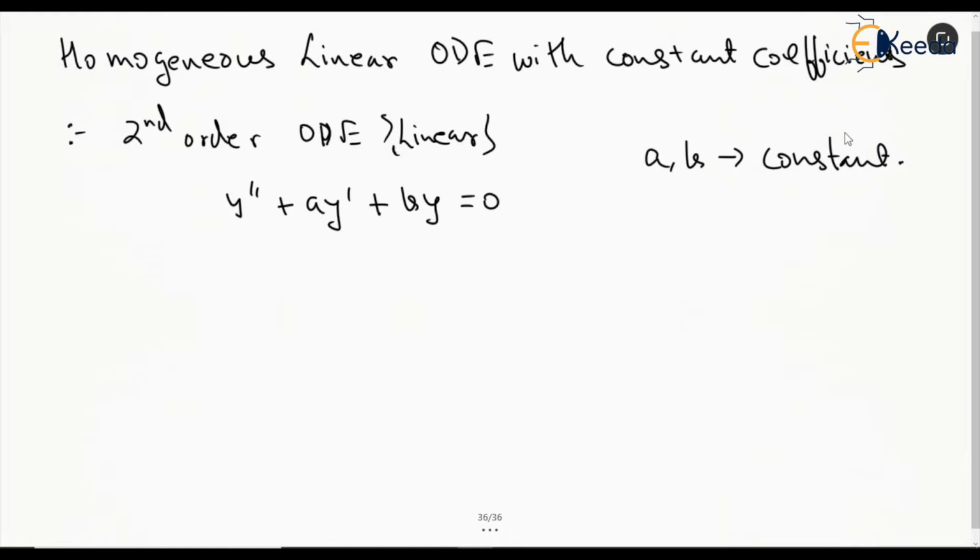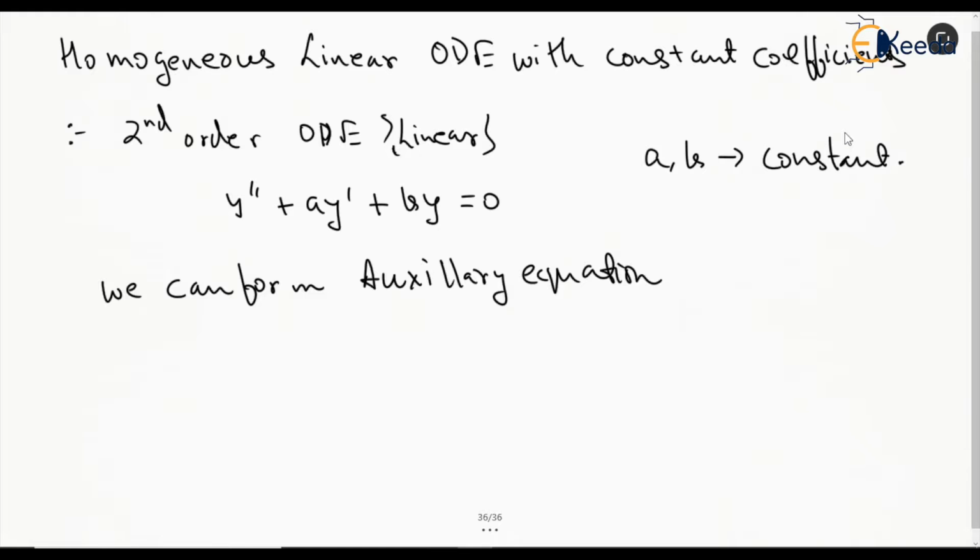So in that case we can form the auxiliary equation as such. The auxiliary equation will be given as m square plus a times m plus b equal to 0.